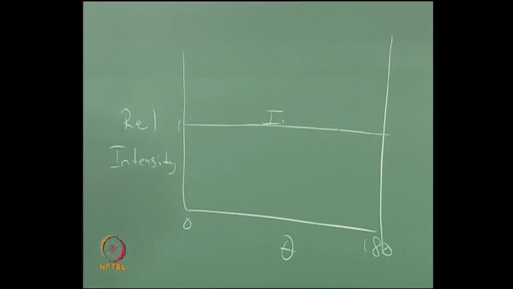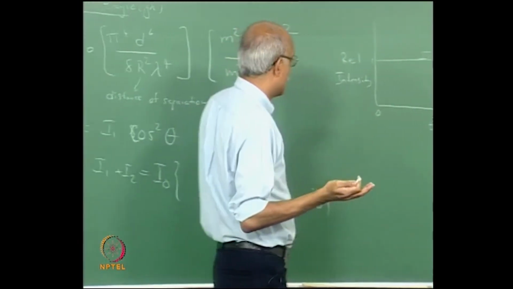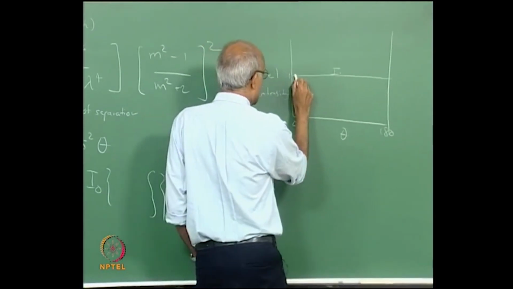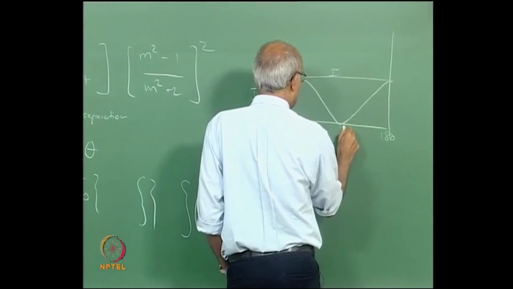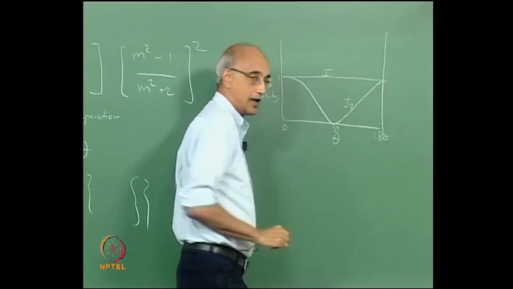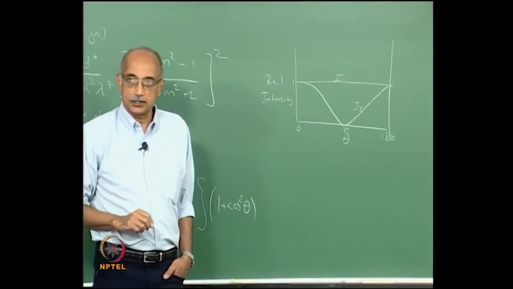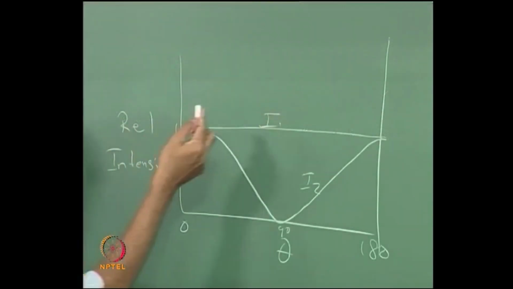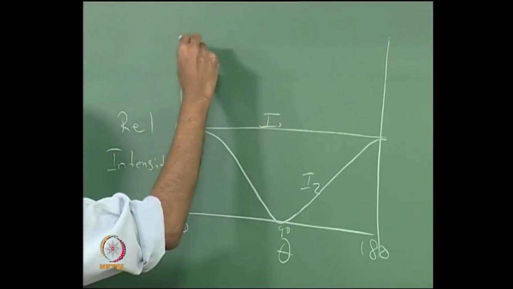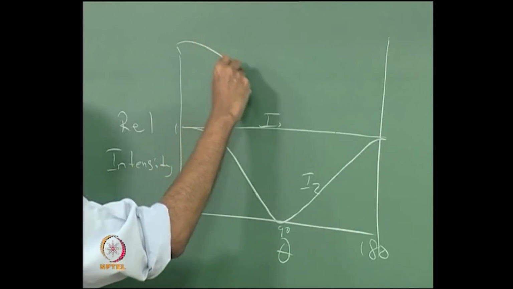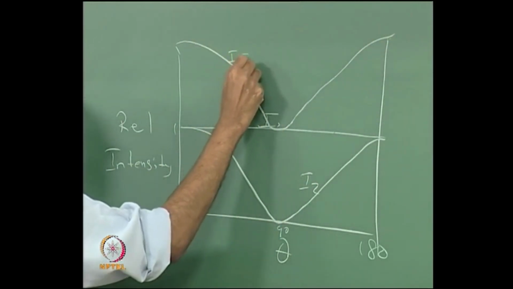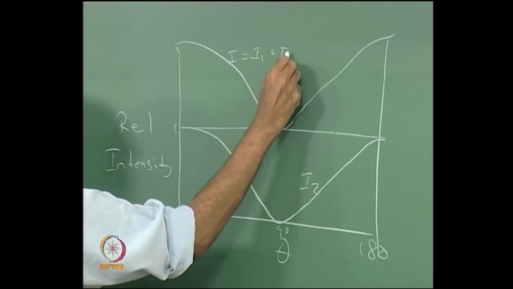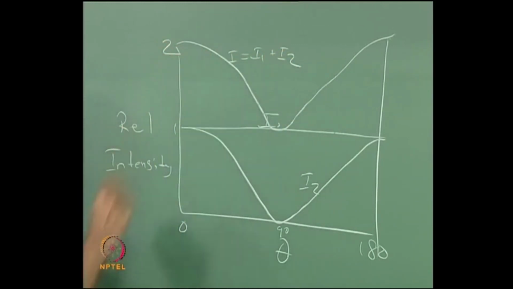I2 has a theta dependence, and so it will actually have a minimum at a theta of 90 and have a characteristic shape that looks like this. So, the total intensity I will then have a shape that looks like this. So, this is I equals I1 plus I2. Of course, this will be in relative terms, it will be 2.